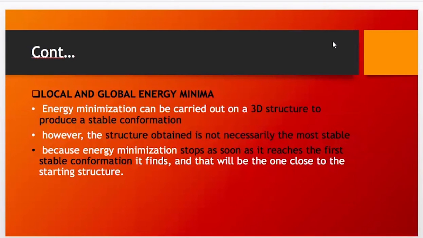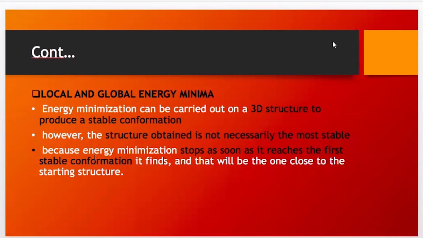So let's continue. Like I was mentioning, with energy minimization, there's something that we need to take note of. There's what we call local and global energy minima. Once you have made your 3D structure, the next thing that you need to do is to apply energy minimization.